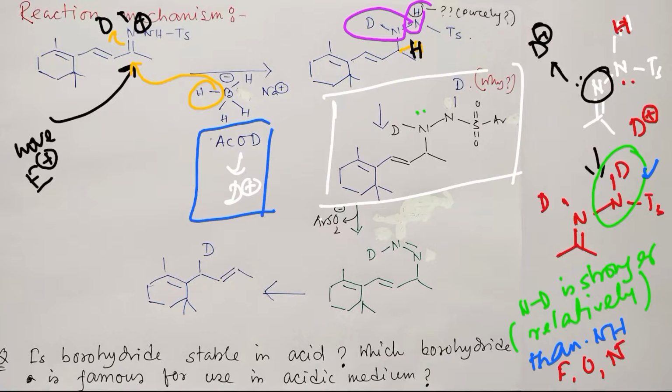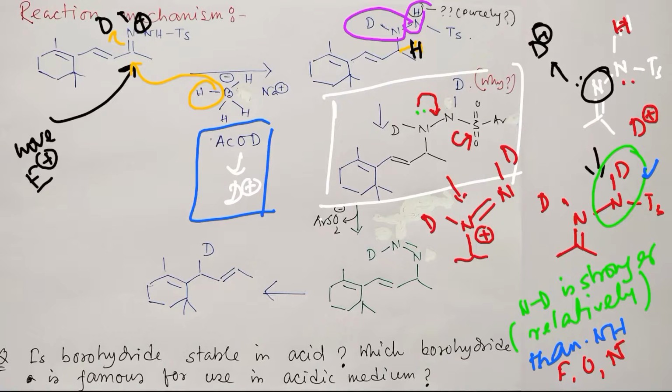NaBH4, sodium borohydride. Now in the next step, what can happen is that this lone pair of nitrogen can push here and tosyl can leave. So ultimately, just focus on this part: this N attached to D having a double bond, and nitrogen will have a plus, and this nitrogen will be attached to D because tosyl left.